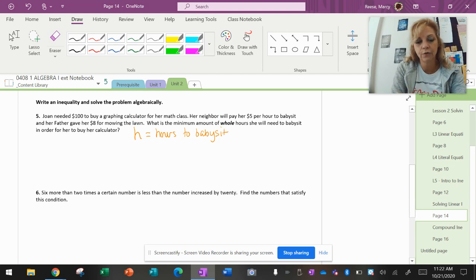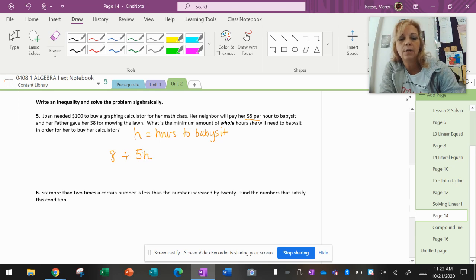Now she got $8 from her dad. $8 it contributes to that graphing calculator. It's a $100 graphing calculator, okay? So it's $8. Plus, every time she babysits, she gets $5. So we don't know how many hours she's going to babysit. So we're going to say that I've got to have that 5 times H. Now, she needs $100 to buy a graphing calculator.